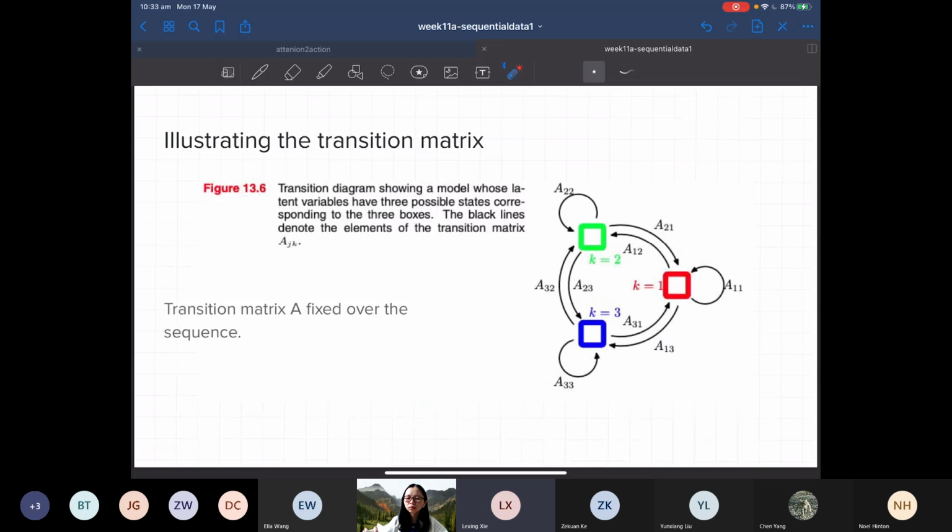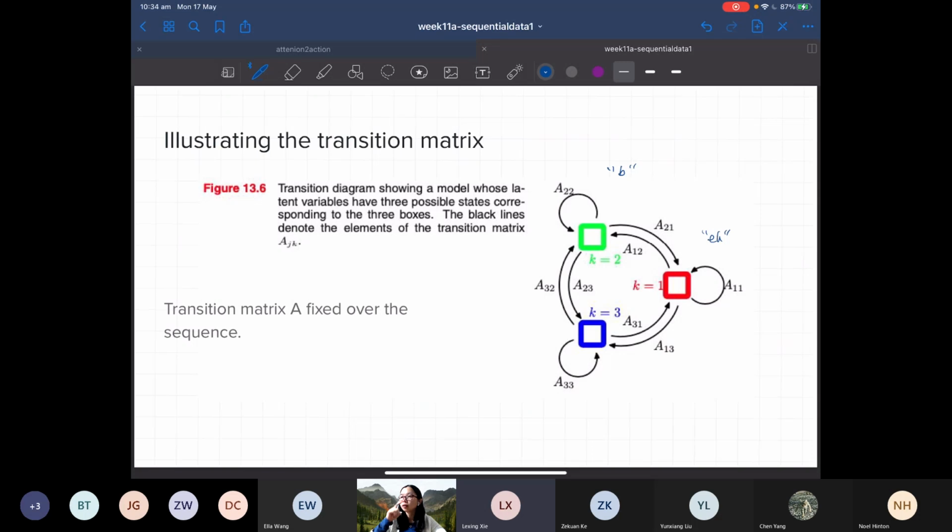Here's the second representation. The hidden states are discrete, so why don't we just write them out? For example, we could imagine each of these corresponds to a different phoneme. Let's say this is the phoneme B, this is the phoneme EH, and so on.